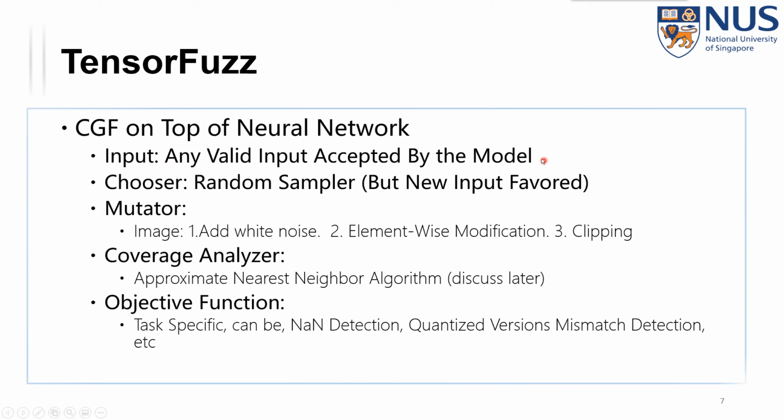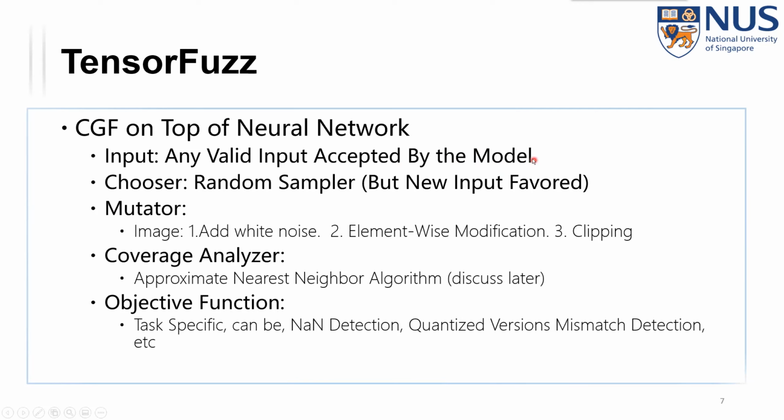Here the model mostly refers to CNN models. For RNNs, they used any characters that are in the input training corpus as valid input. So that's the input part.